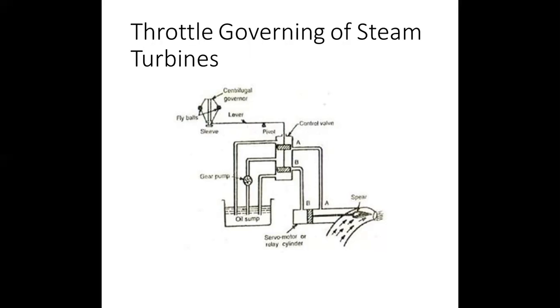We know that when the turbine is running at its normal speed, the position of the piston in the servometer, control valve, and fly balls of the centrifugal governor will be in their normal positions. The oil pumped by the gear pump into the control valve will come back into the oil sump as the mouth of both pipes AA and BB are closed by the two wings of the control valve.